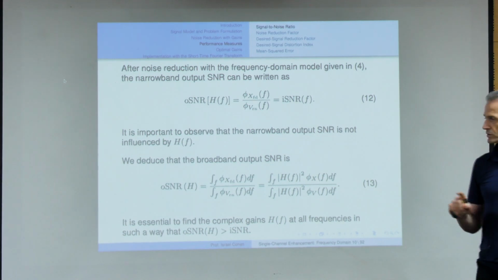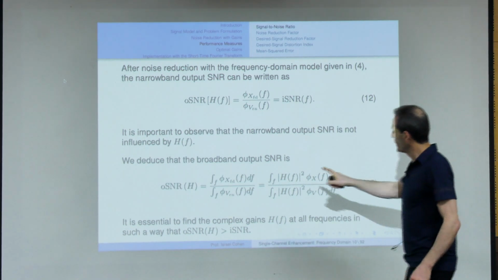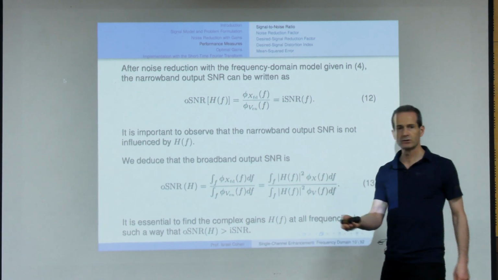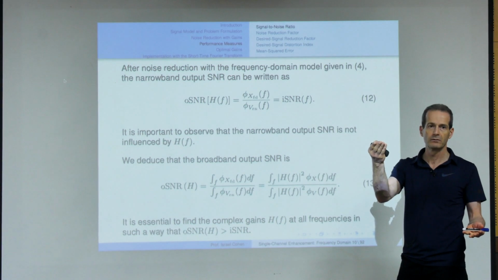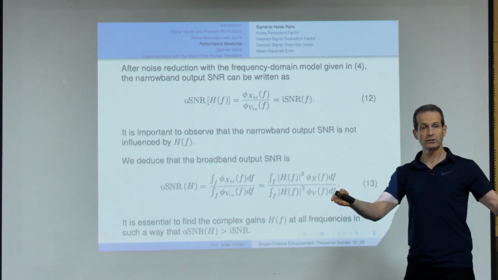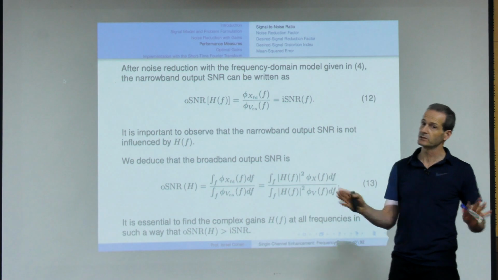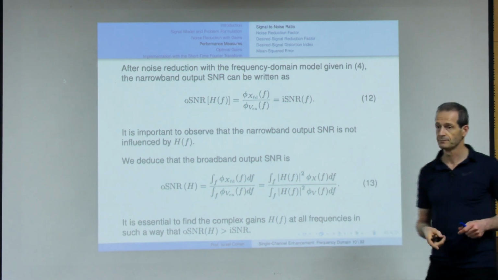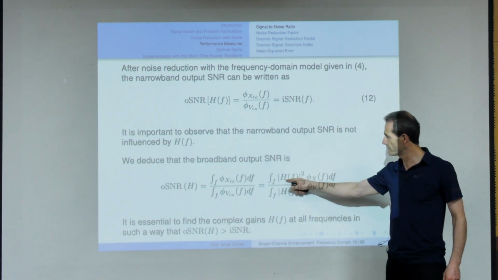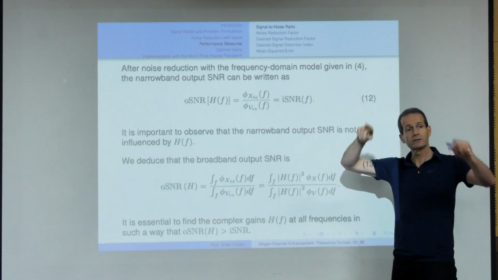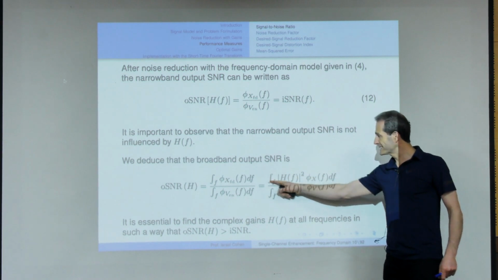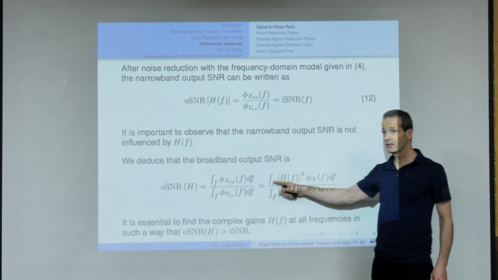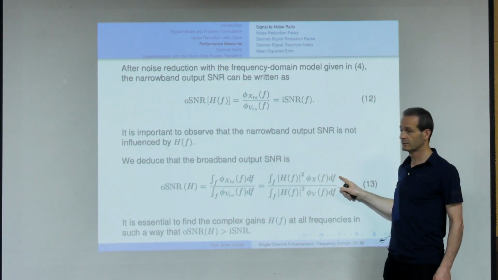Okay? So for which frequencies will I choose to make the gain high, and for which frequencies do I need to make it low? Because the summation of the magnitude squared is restricted, it is constant. So if I increase one value of H, I need to decrease other values. So in order for this integral to be larger, what do I need to do?